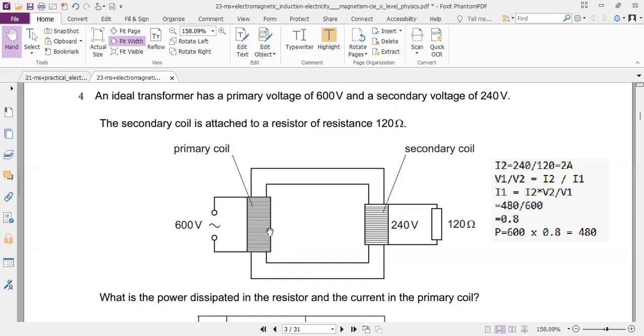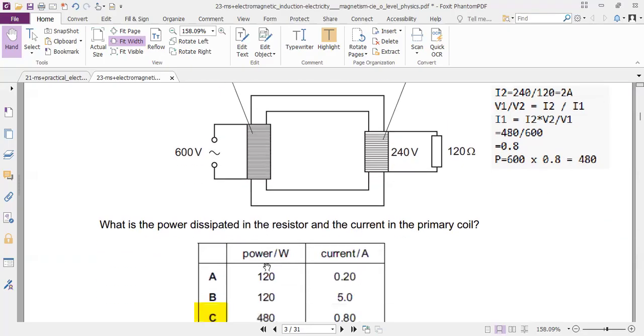Once you have both the currents, you can just calculate the power anywhere. So this is how it's been worked out. Look at this carefully. First, we calculated the current here using this. V1 over V2 is equal to I2 over I1. And once we got the current, multiplying voltage with current gives us the powers.